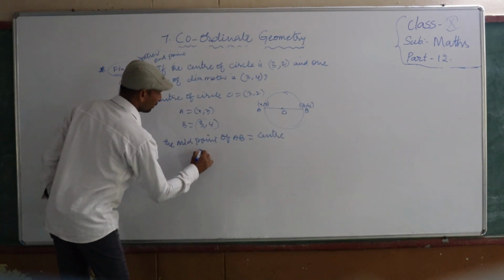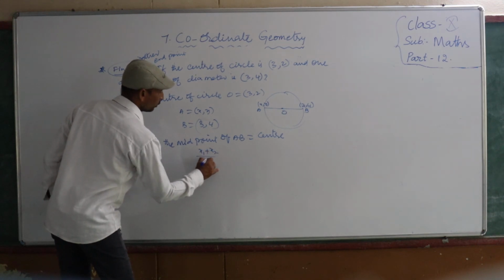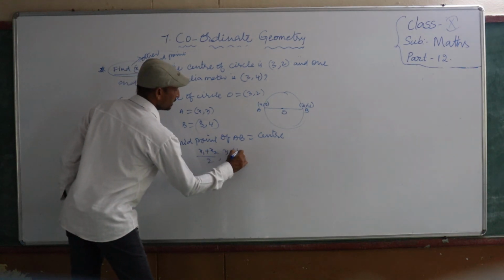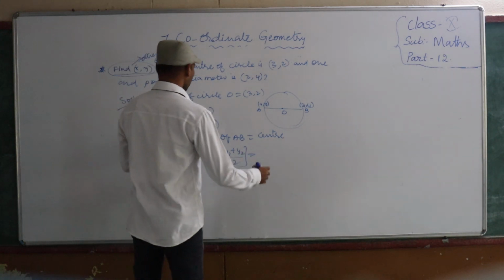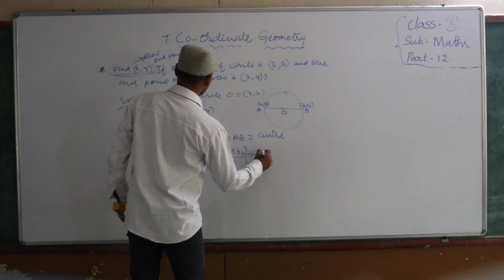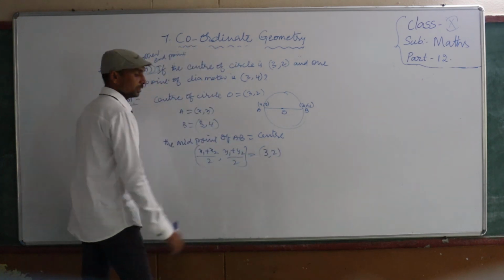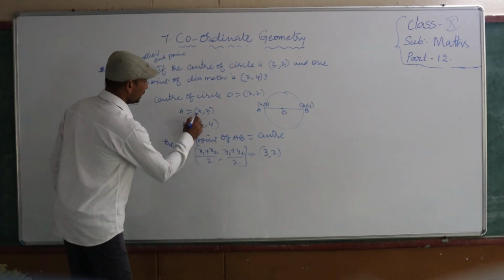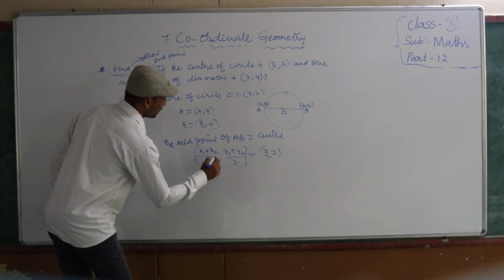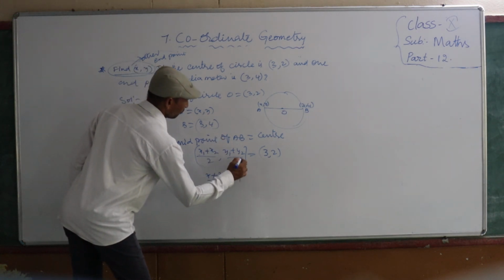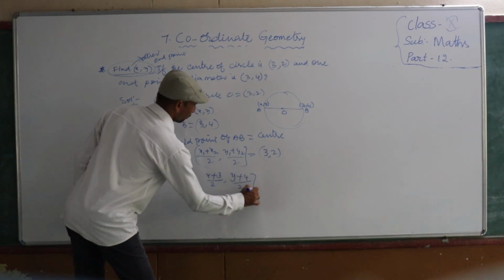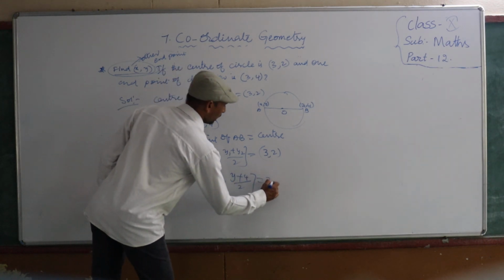So AB midpoint formula: x1 plus x2 by 2, y1 plus y2 by 2, that is equal to the center, (3, 2). That is x1 is x plus x2 is 3 by 2, y1 is y plus y2 is 4 by 2, that is equal to (3, 2).